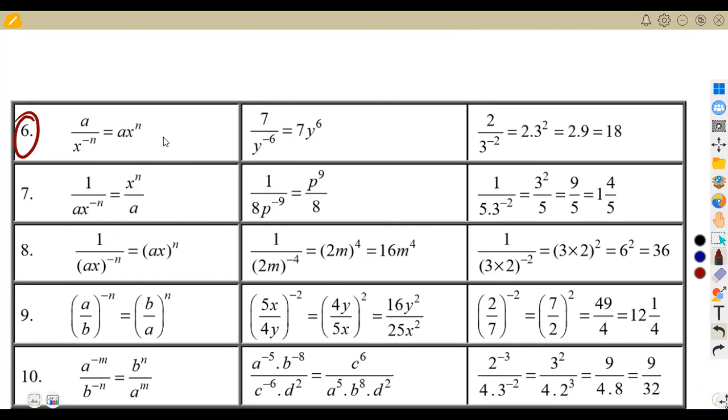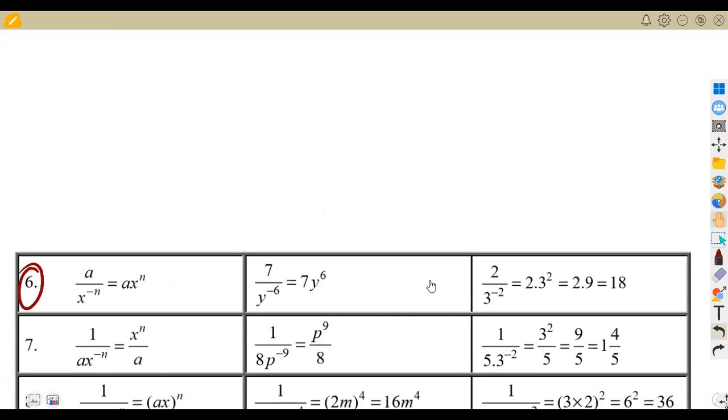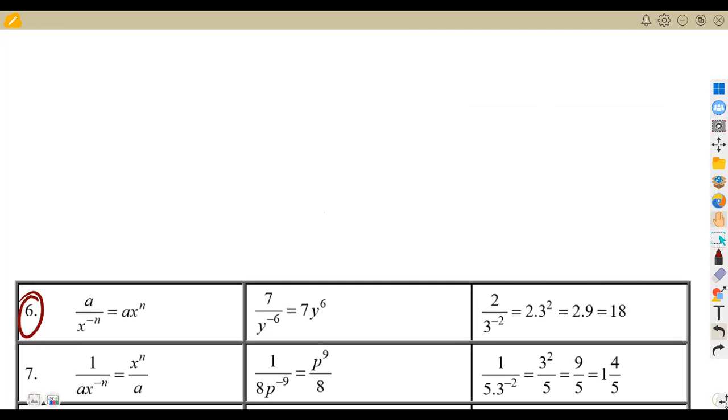We were talking about negative exponents before, and we ended up on a condition where I told you that if we are given x raised to a negative exponent, we remove the exponent as 1 over x to the exponent of n.